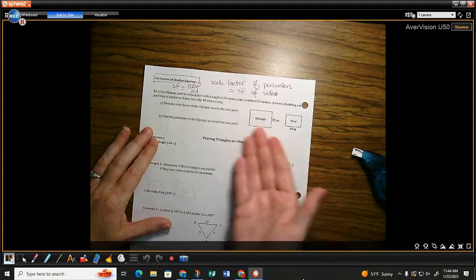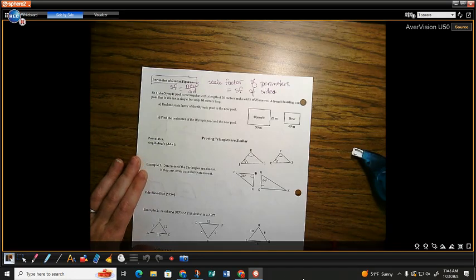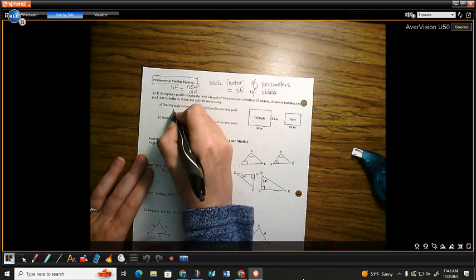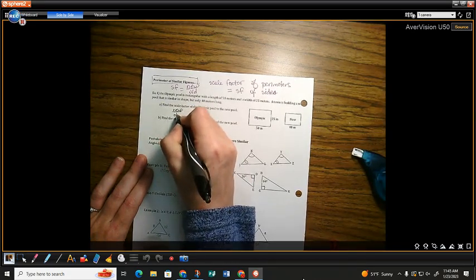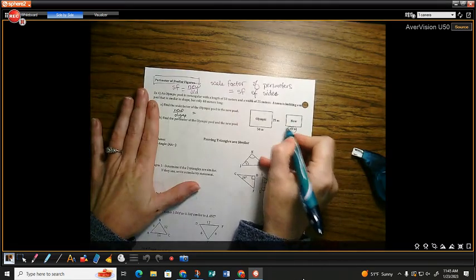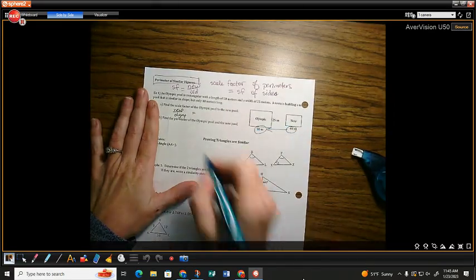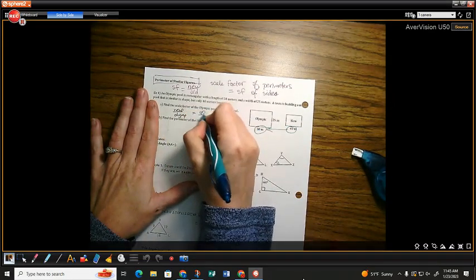So, behold, find the scale factor of the Olympic to the new. Which one goes on top? New. And so the Olympic is the old. Okay, so what's your scale factor? Set it up. What's the only set of numbers I can use here? 40 to the 50. That's the only thing I can use.